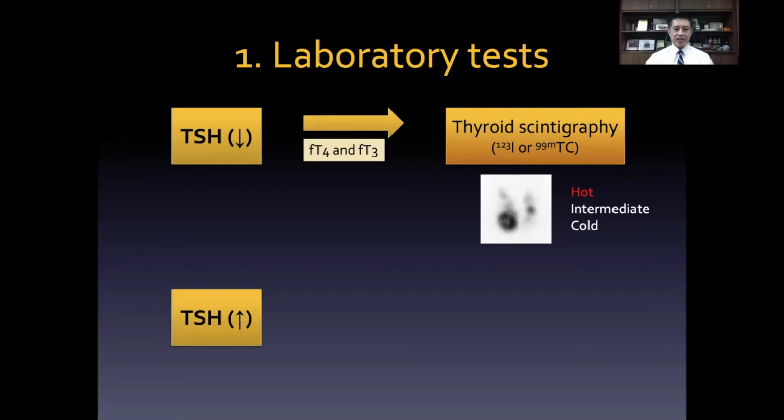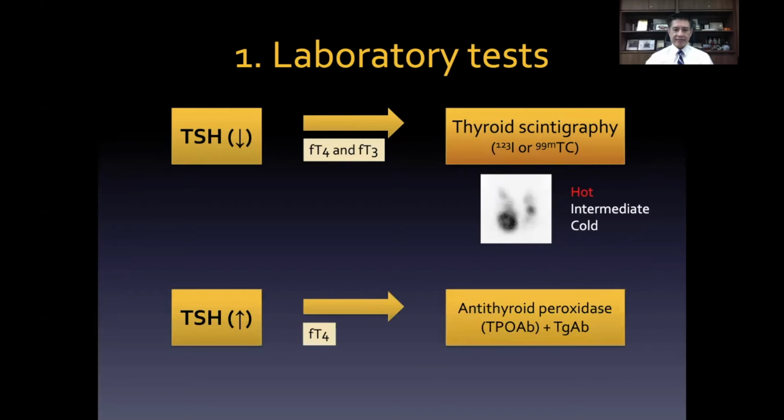A high TSH can indicate Hashimoto's thyroiditis, and so we check the autoantibodies, anti-TPO and anti-TG levels.